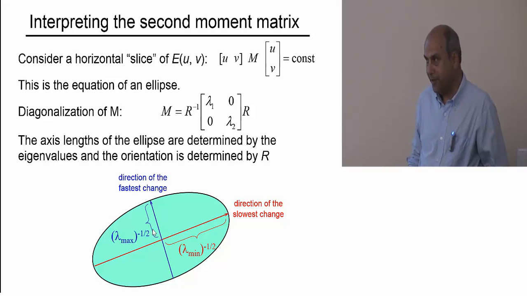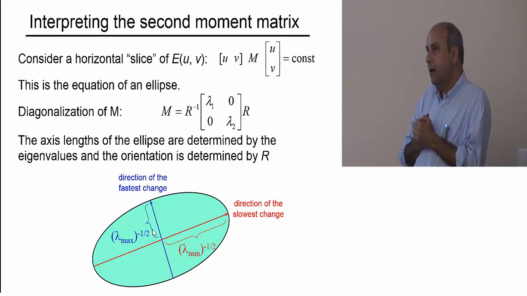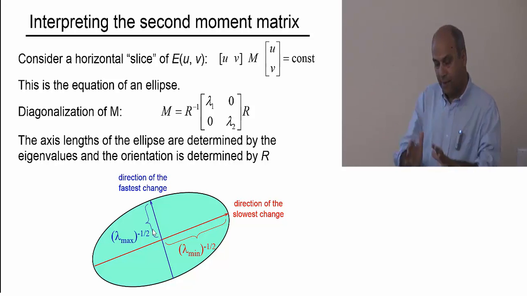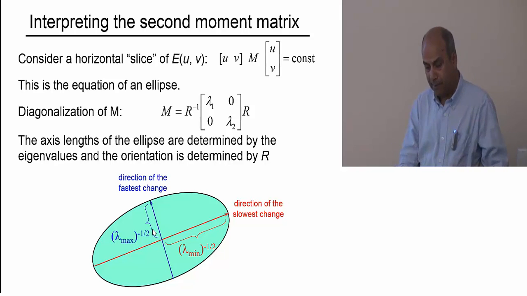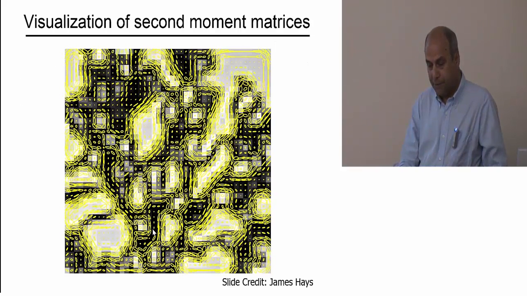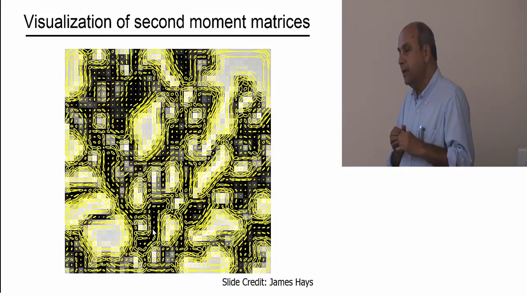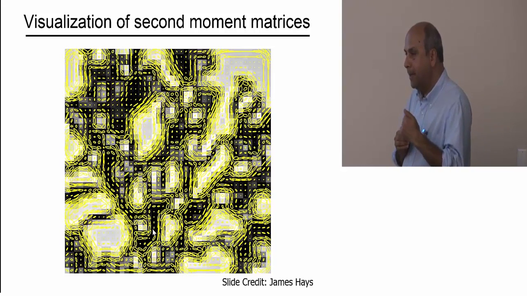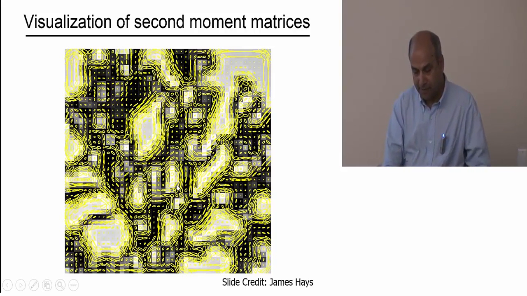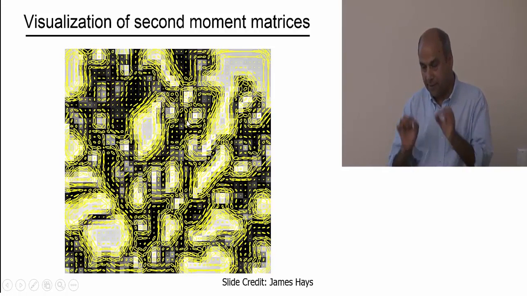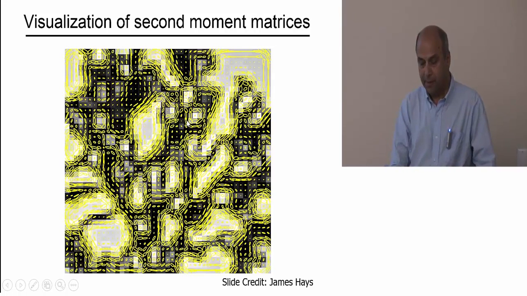And that's what we originally said. M is described by an ellipse, and that ellipse is described by the eigenvalues, the major axis, minor axis, and these are the eigenvectors, lambda 1, lambda 2. Okay? So now you can take that image, actually compute the M, and then you can draw these ellipses. Professor Hayes did a very good job, and he's showing you how these ellipses have different shapes, different orientations, and so on, to give you more understanding.